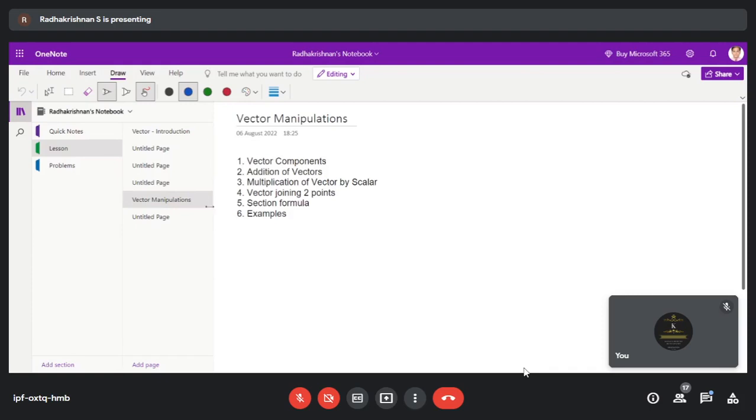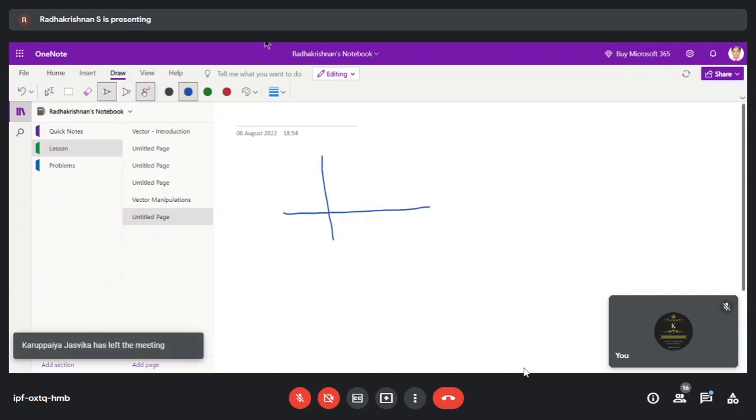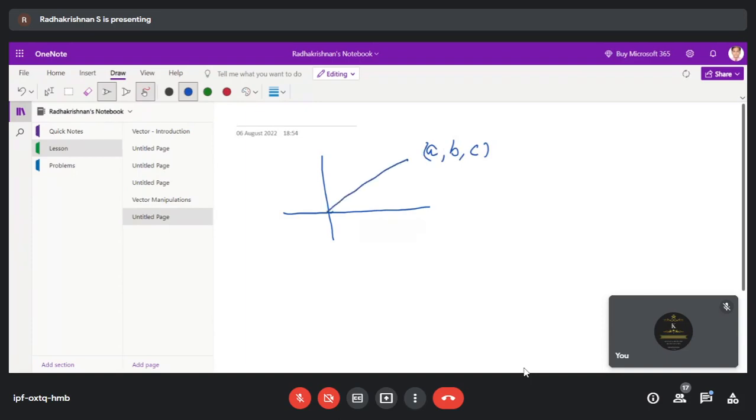So how do we represent that vector? It has the coordinates a, b, c. There's a vector a comma b comma c, and that means this, right?